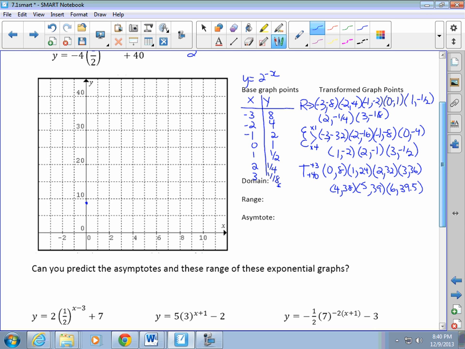And then I have 1 and 24. 2 and 32. 3 and 36. 4 and 38. 5 and 39. 6 and 39.5. And then it would just keep going.